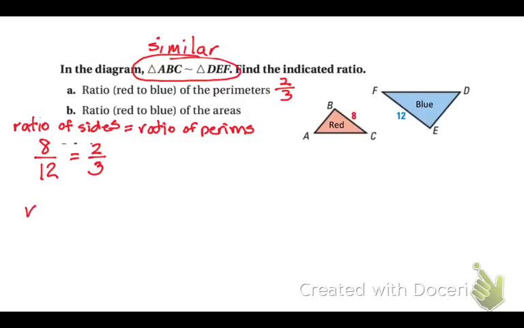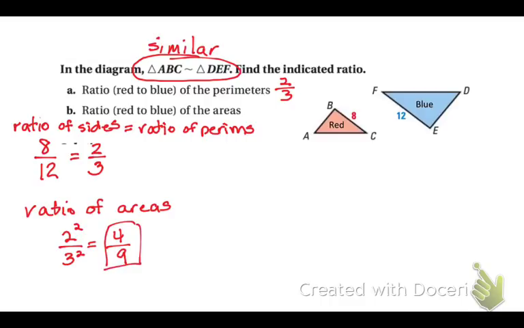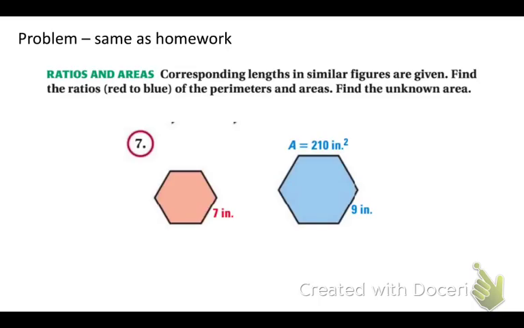So for B, the ratio of areas is equal to the square of the ratio of the perimeters. So that's going to be 2 squared over 3 squared, which is equal to 4/9. And there's your answer for B. Here's your answer for A. Okay, so that's pretty easy. But again, it all hinges on those two polygons being similar. Okay, if they're not, then the whole thing falls apart and you can't use any of these rules. Okay, let's take a look at this guy.